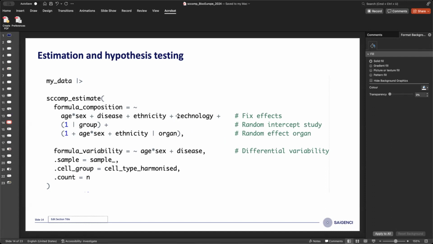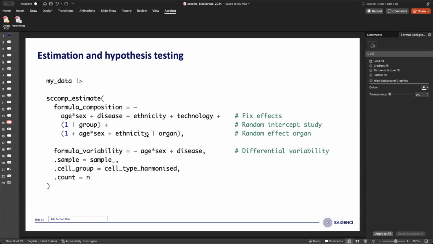Ethnicity, which is a factor of interest for us. Technology, which is a technical aspect. The group is the study, so we are treating the study as a random intercept. And as I said, we have the organ-level random effects, where we assume that age, sex and also ethnicity depend on the organs, so they are not all the same.